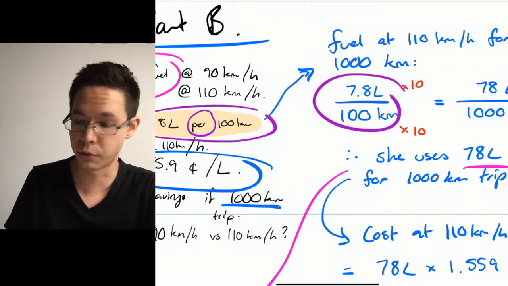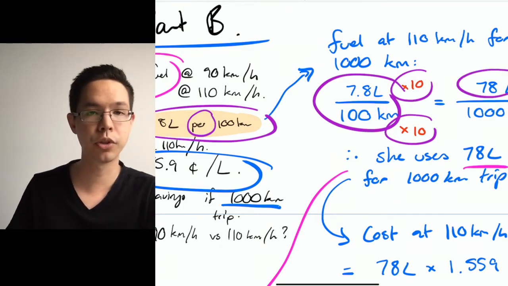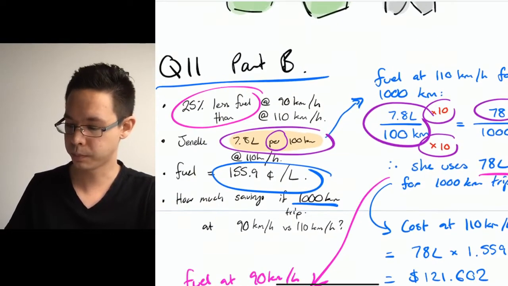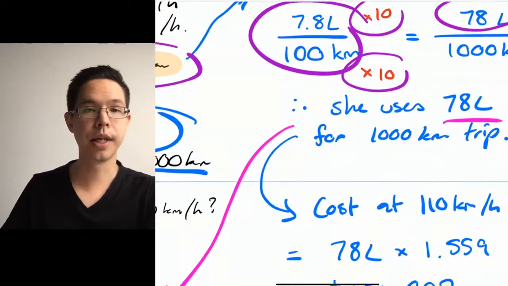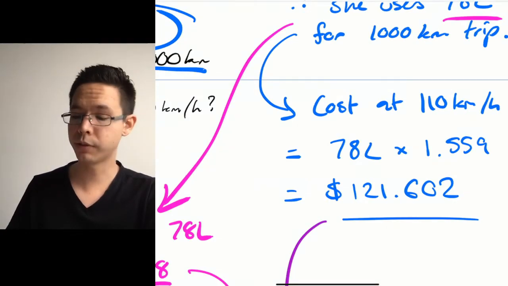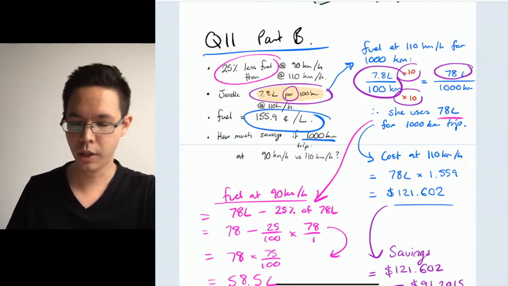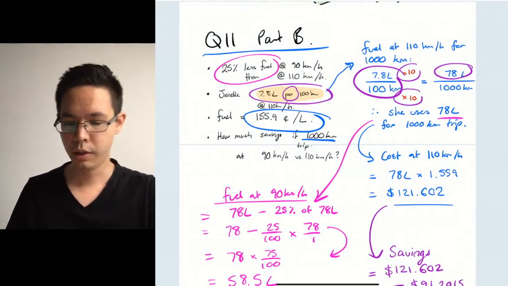So that was basically my launching point, and once I got that, I could easily find out how much fuel she used in total. And then I used that total fuel to find the cost, and from there I could do a percentage removal for savings and stuff like that. So I hope that helps.